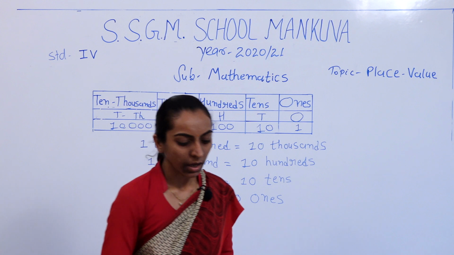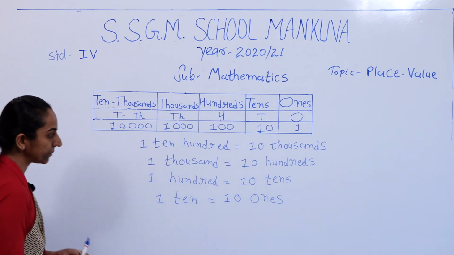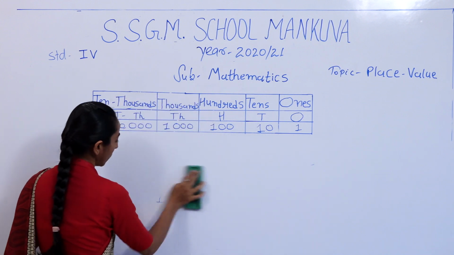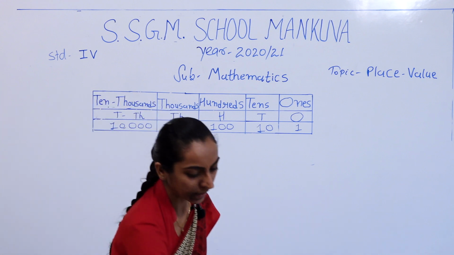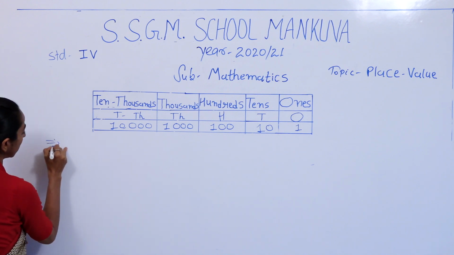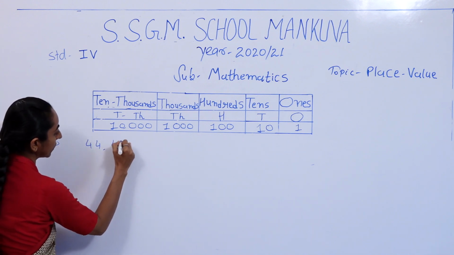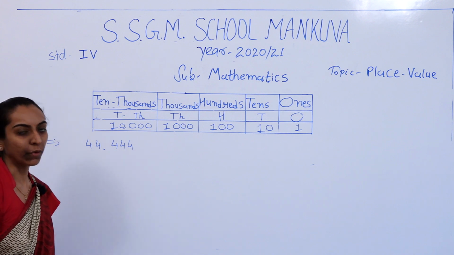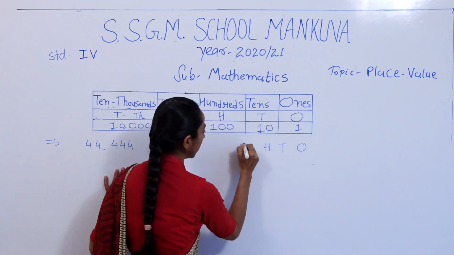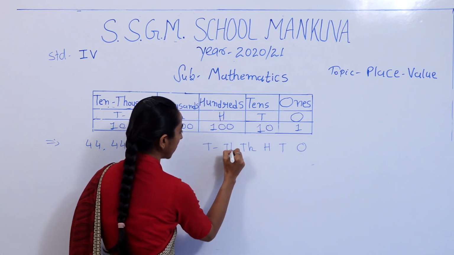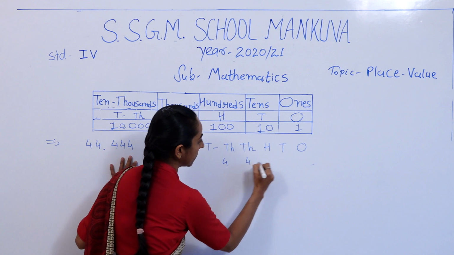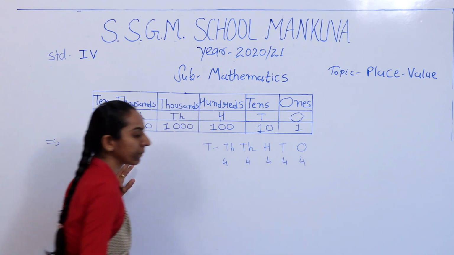Now we write the place value of each 4 in 44,444. Let's see. Now write any number, 44,444, with ones, tens, hundreds, thousands and 10,000. First we write this number. Okay.